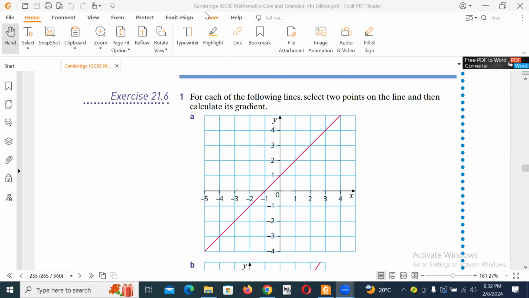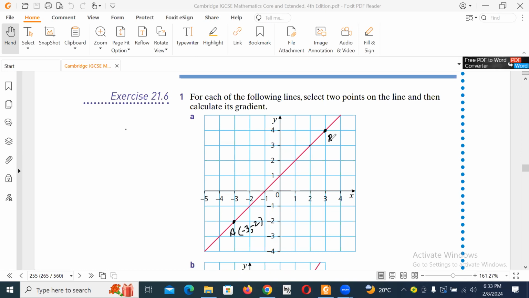So the first step is we will take 2 points, any 2 points from this line. As you can see on the line, I'm choosing any 2 points. For example, this is my first point, which is A, and it is -3 and -2. And the second point I'm choosing from here, further along.